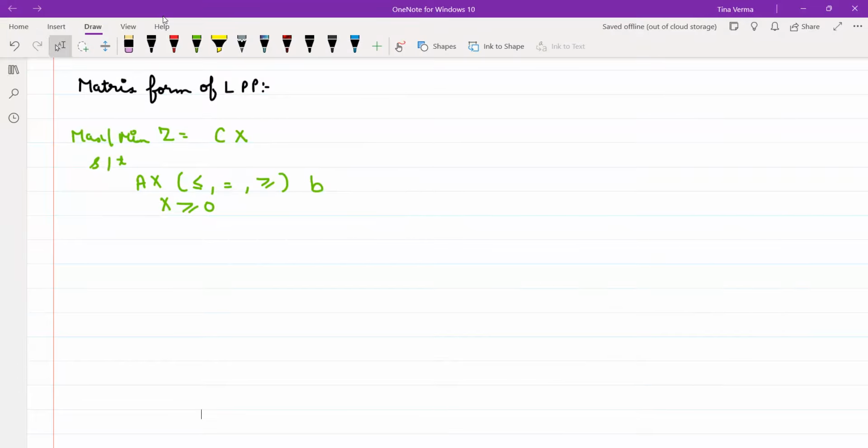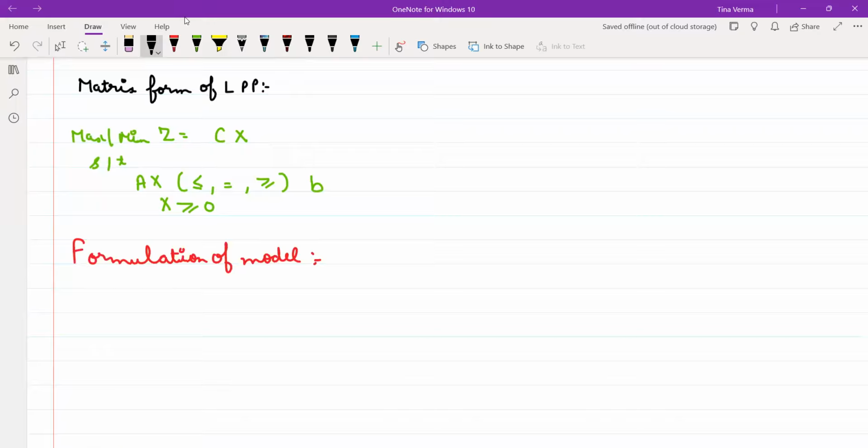So the decision maker will tell you only in words. So the next task in a linear programming problem is the formulation of the model, that means you will convert the decision making problem into mathematical form.